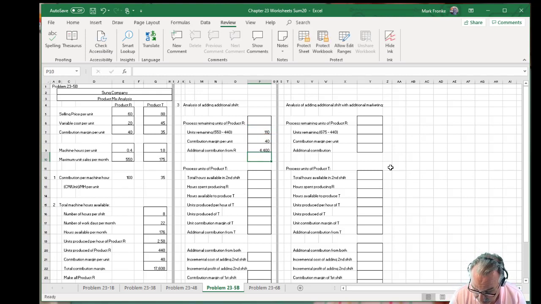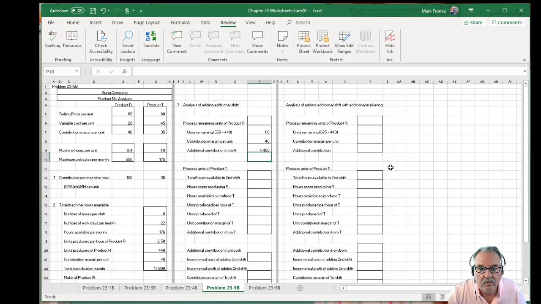So our additional contribution from R is going to be $4,400. In other words, if we put in a second shift, first thing we're going to do is finish up making product R, and then we can make product T.